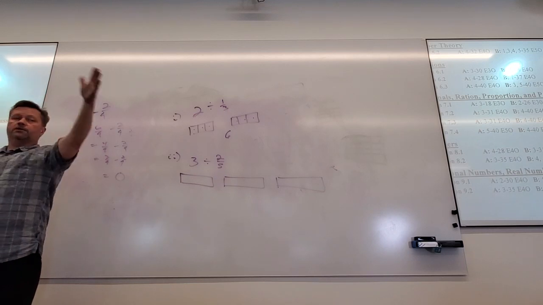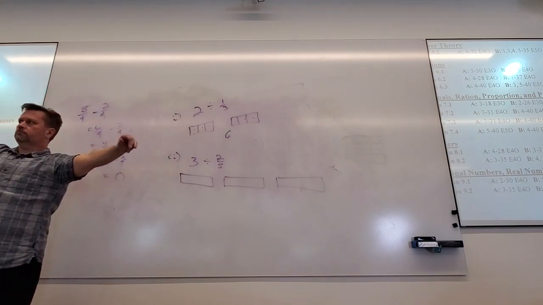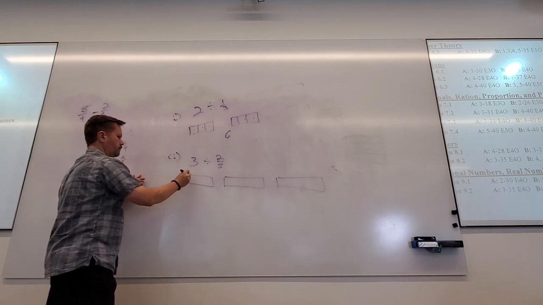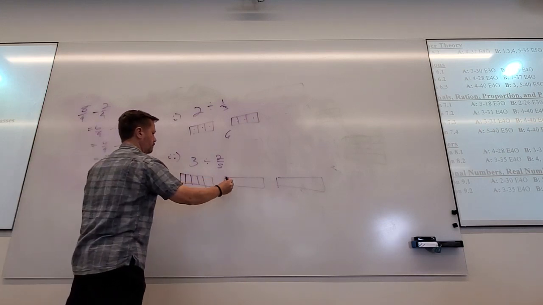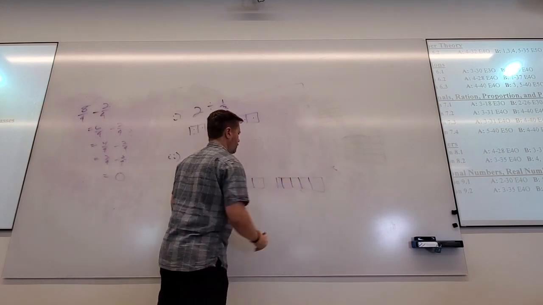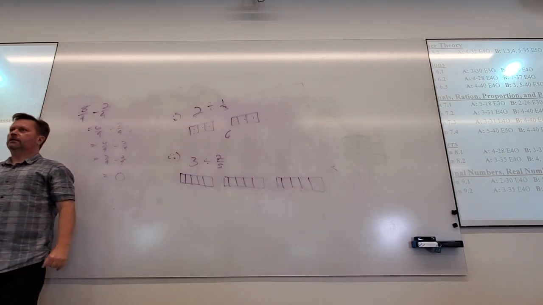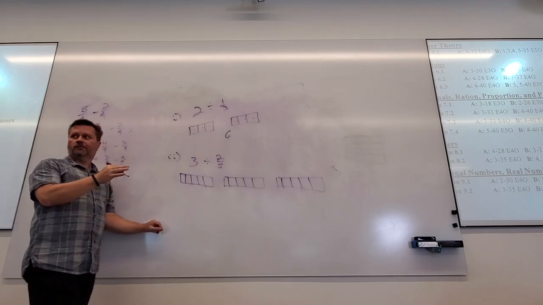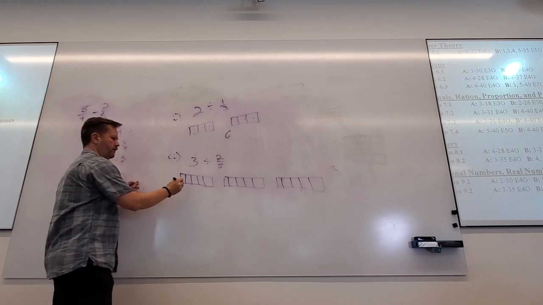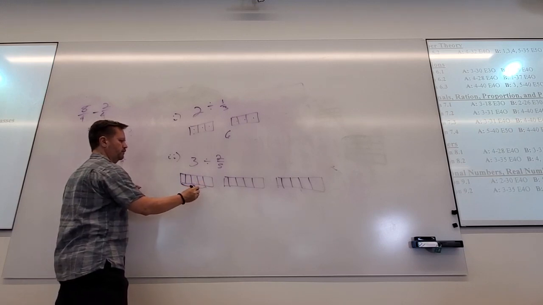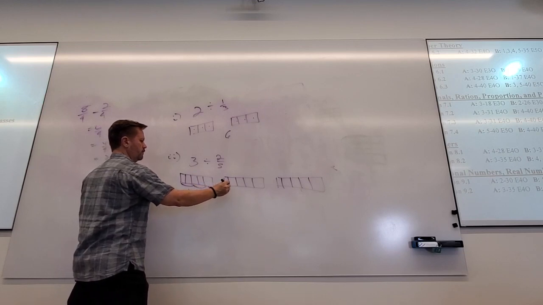What I'm going to do is, so there's 3. And then for each one of those, I want to do what? 2 fifths. Okay, so pretend like those are evenly cut. So now I want to count. Every 2 of them. So there's 1. There's 2. 3.